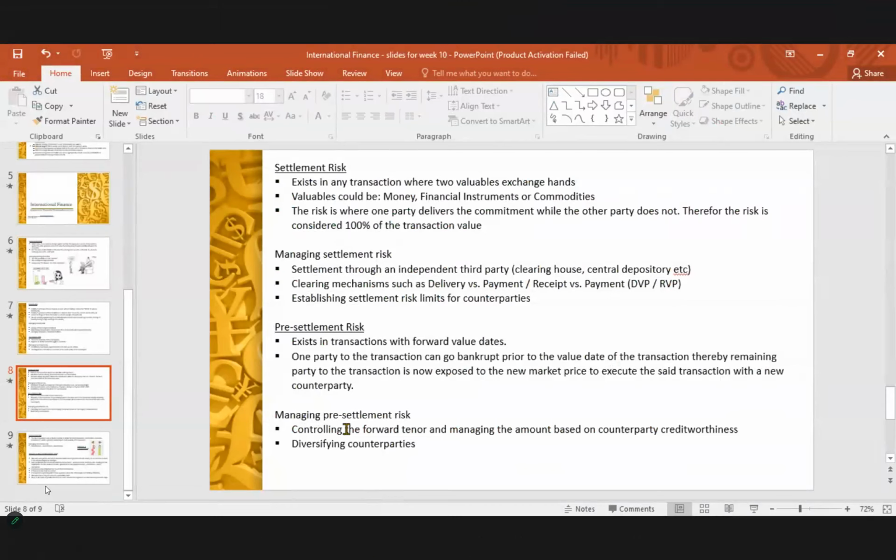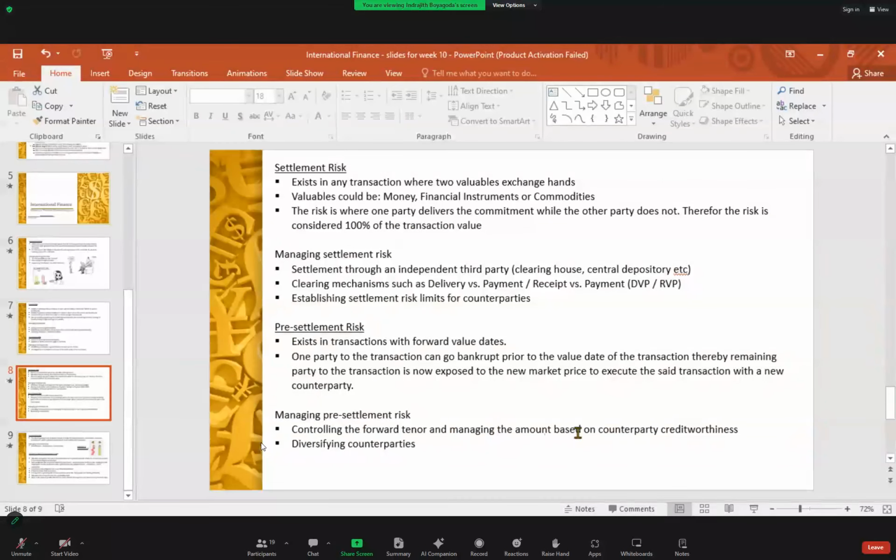Managing pre-settlement risk is controlling the forward, based on the credit, and diversifying counterparties. So if the person is not good for 1 month, then you deal with up to 1 week. You shorten the duration of your exposure, the risk reduces. That's a concept of risk.